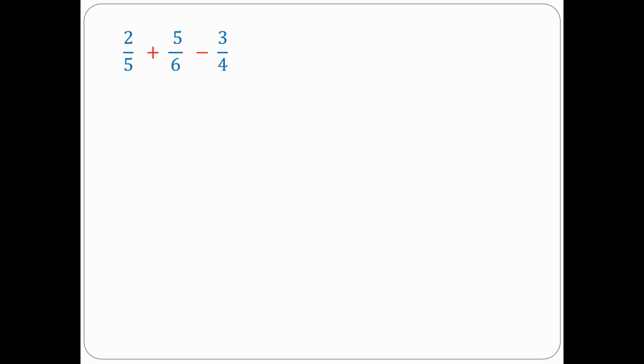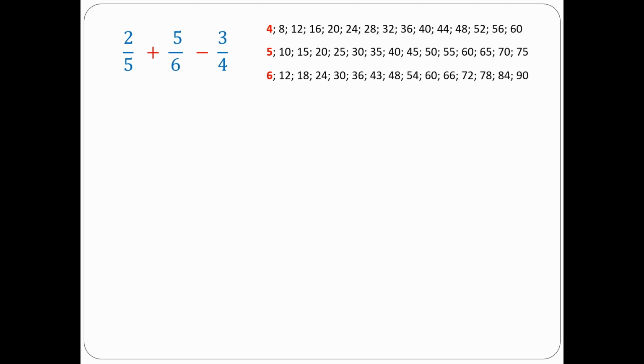If you want to find the least common denominator, make a list of all the multiples. And these are the multiples of 4, 5, and 6. You will notice in the list that 60 is the least common multiple of the denominators 4, 5, and 6.